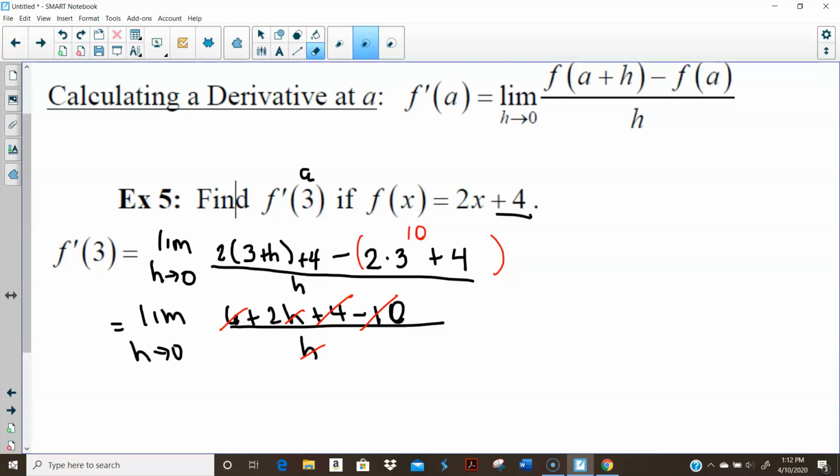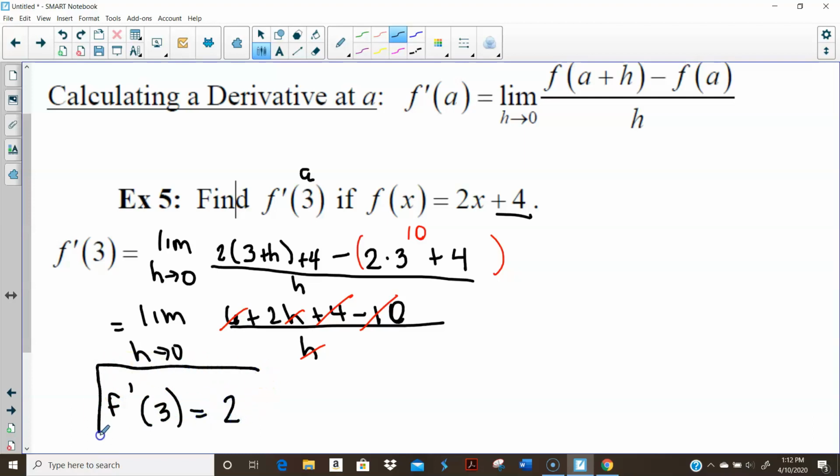So that means that f prime, I canceled all these out. I ended up with just 2. f prime of 3 is equal to 2. Now that shouldn't have surprised you because this was a linear function, and for a linear function, you know that the rate of change is the slope.